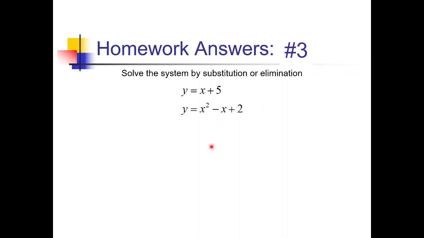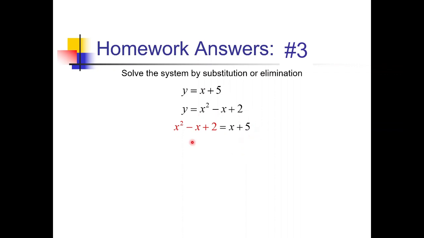So we could write, for example, x squared minus x plus 2. If I substitute all of this for the first y here, all of that equals x plus 5. I also could have written x plus 5 equals all this x squared stuff, but I like having a positive x squared on the left side of the equation. It just feels right to me.